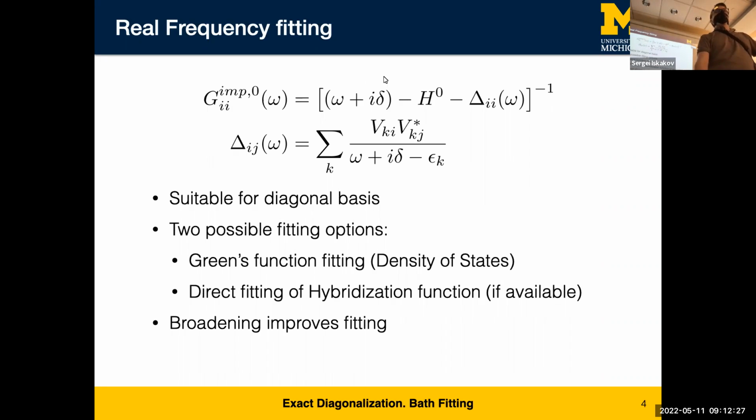And that's, for example, what VASP can give you, or other old LDA packages. Then sometimes you have access to delta directly from some of these LDA packages. They can provide you an option for how to extract the delta in the real frequencies.